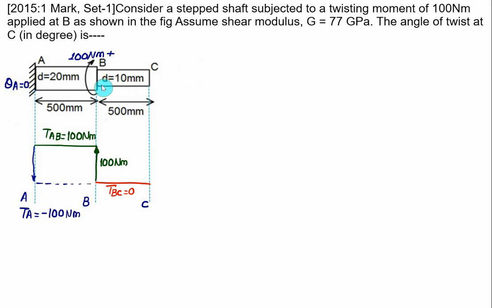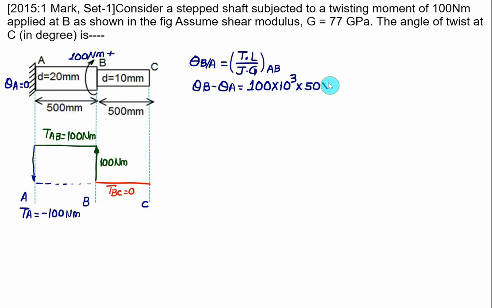So we have the relative rotation of B with respect to A. Theta B with respect to A will be equal to the torque multiplied by length divided by J multiplied by G for the shaft AB, and it is the same as theta B minus theta A. Torque is 100 into 10 to the power 3, length is 500, divided by pi by 32, so 32 will shift to the numerator, divided by d to the power 4, where d is equal to 20.